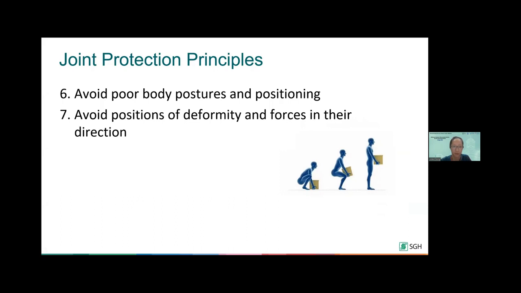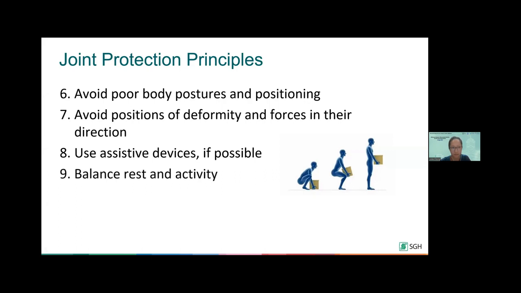And we should also avoid positions of deformity and forces in that direction, like what Dr. Tan mentioned earlier on. The fingers usually tend to shift towards the side of the little finger. So things that we do that put us in a very awkward position, we should try and avoid them. And as much as possible, we make use of assistive devices to help us in our daily tasks.